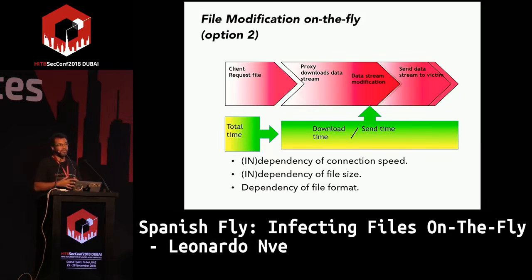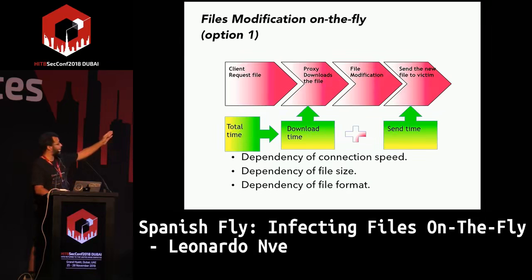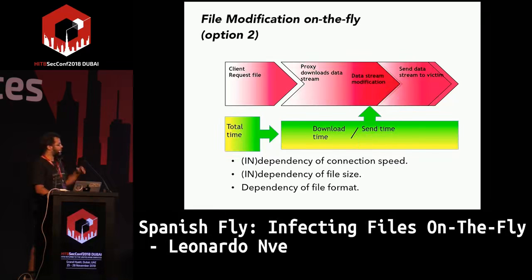It can say it is going slow if you are using a slow connection, a 3G for example, or downloading a really big file, but the client will see the download working. Finally, the total time will be the same as the proxy downloading, modifying the file, and then sending it, but the client will not see any awkward process there.